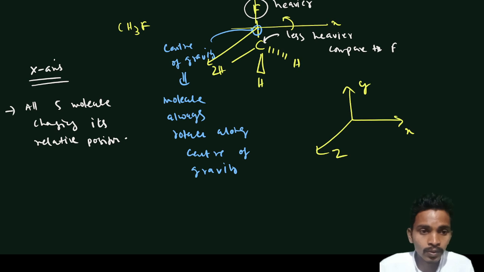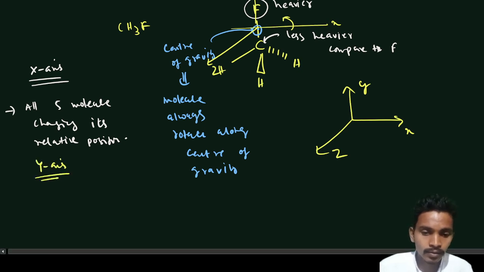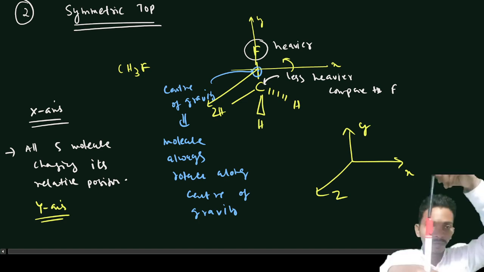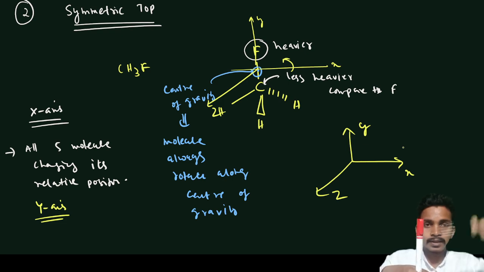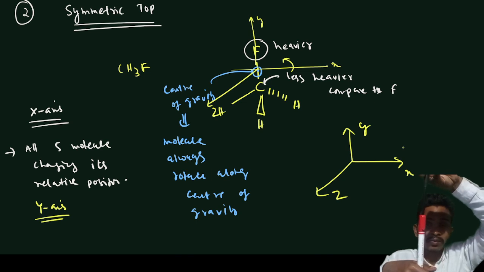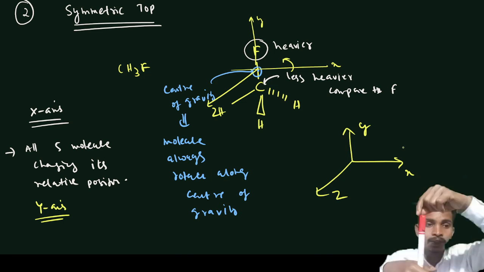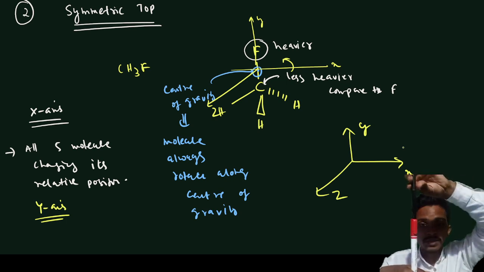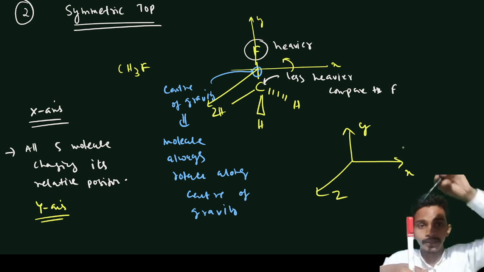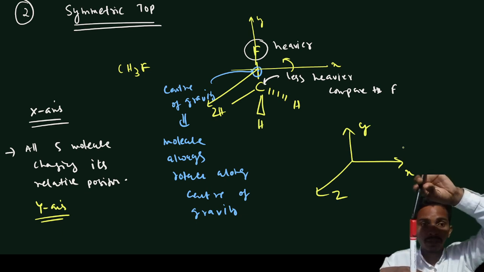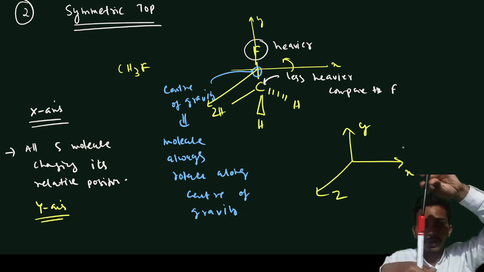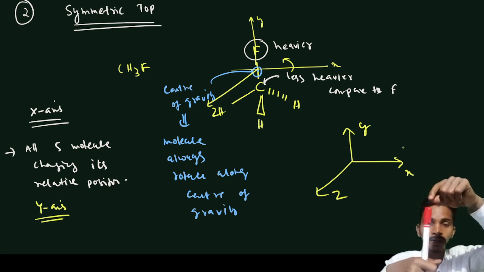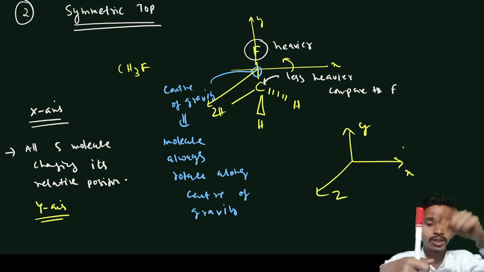Next we will look at what happens about the y-axis. Whenever I rotate about the y-axis, the fluorine atom rotates along this direction. But now my axis is this direction, which means this y-axis contains the center of gravity, and also contains the fluorine and the carbon. So if I rotate like this, the fluorine and carbon atoms do not change their relative positions.